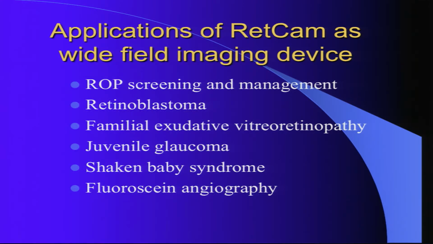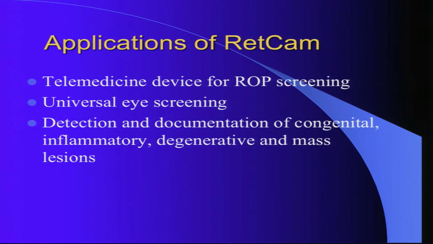And basically, this is used as a tool for documentation, screening, and management of retinopathy of prematurity, which is the area I look after, in retinoblastoma, in cases of familial exudative vitreoretinopathy, juvenile glaucoma, shaken baby syndrome, and fluorescein angiography I already mentioned is possible with this particular tool.